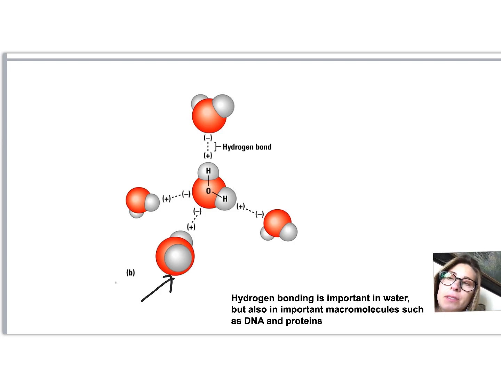So let's think about some things. Number one, remember we have an oxygen on one side, and we have hydrogens over here. If you'll notice, all of these look kind of like Mickey Mouse, right? You've got ears up here, and the bigger molecule down here would look like the face. So here's how it works. Oxygen still has 8 protons.